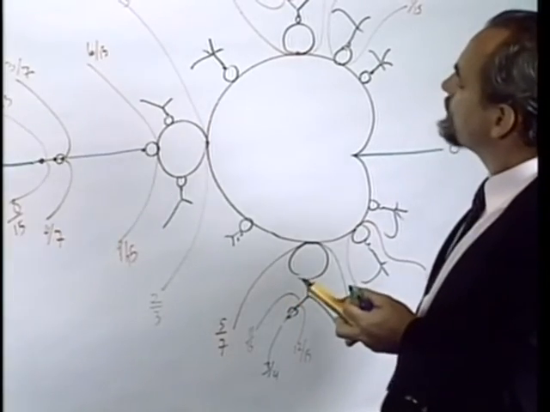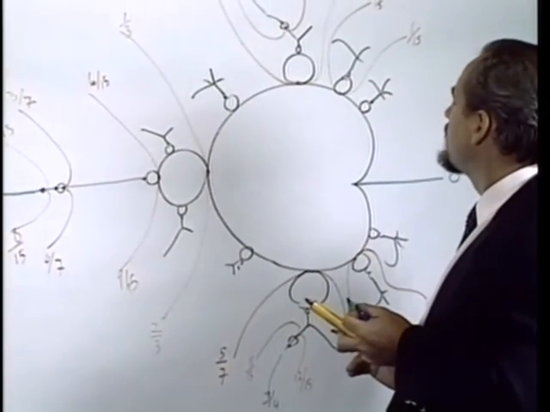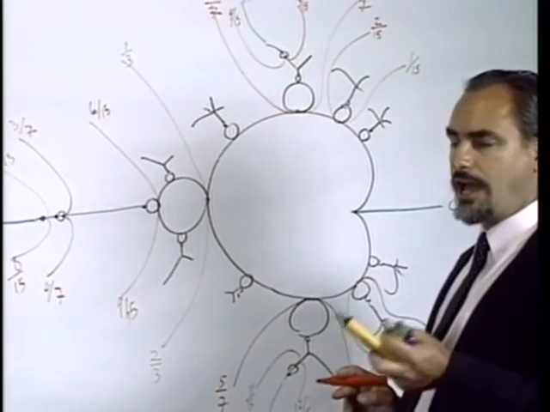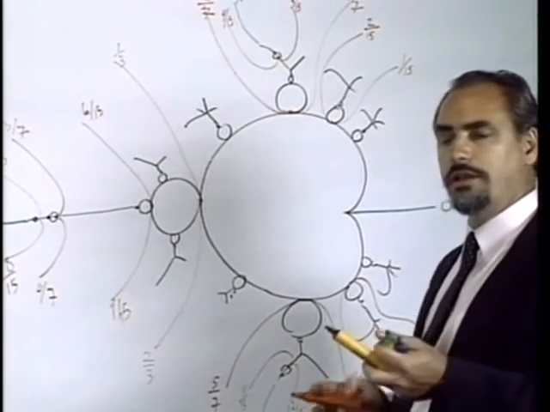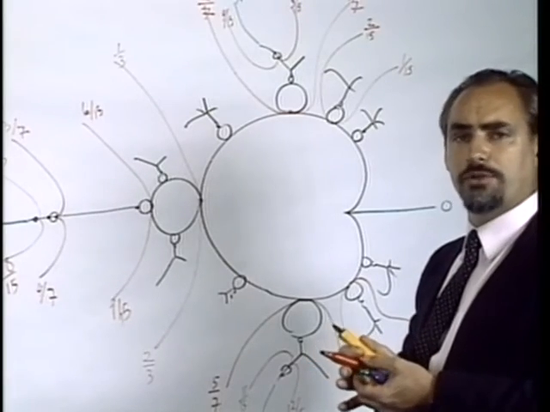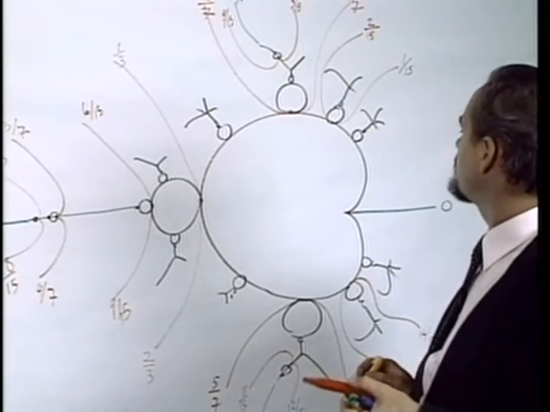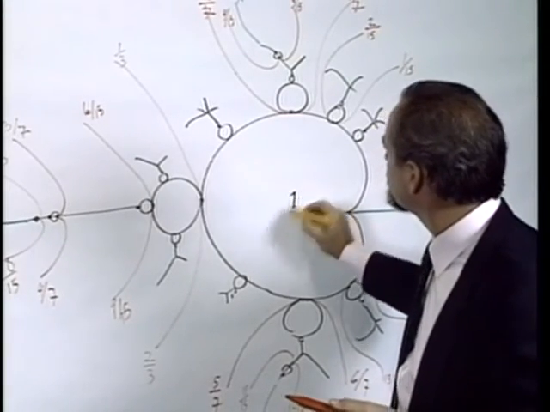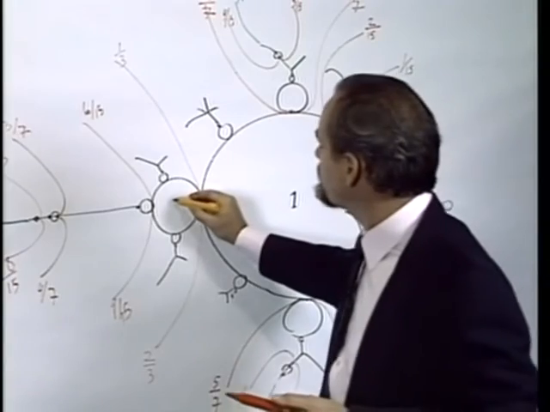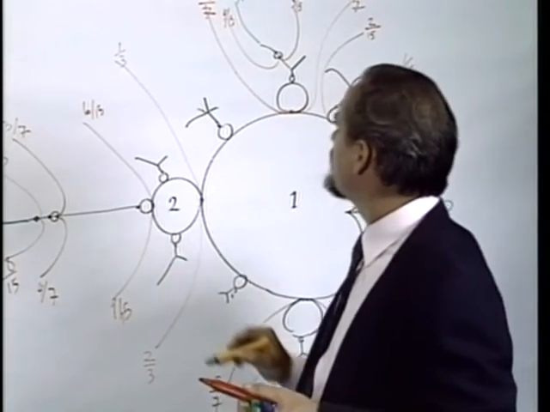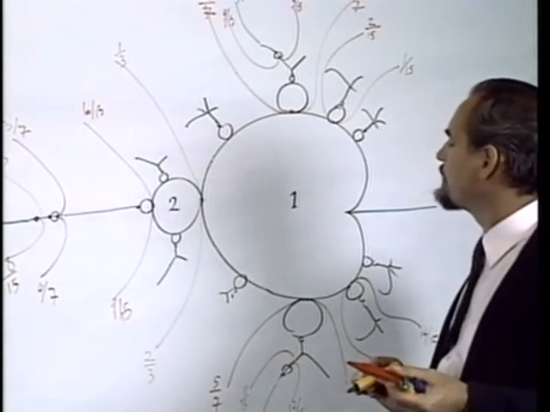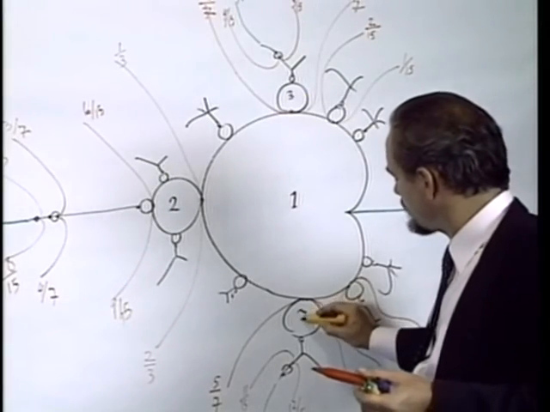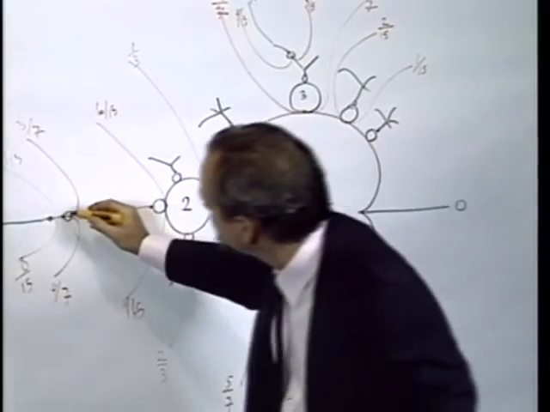Now, where does all of this come from? It turns out that a quadratic polynomial can have at most one attractive periodic point of any period. And this is the region where there is an attractive fixed point of period 1. This is the region where there is an attractive periodic point of period 2. The points where there is an attractive periodic point of period 3 are here, here, and there.